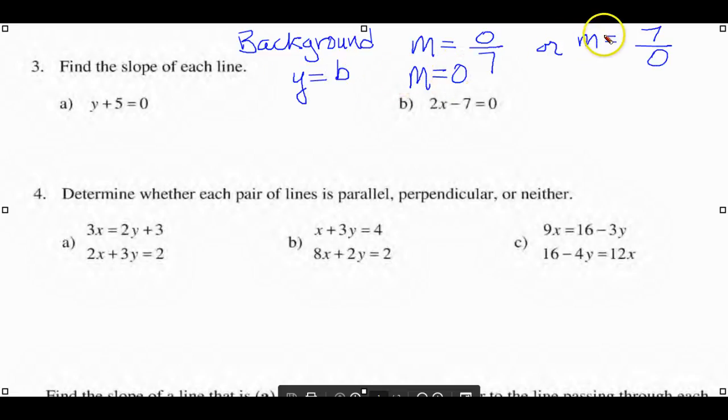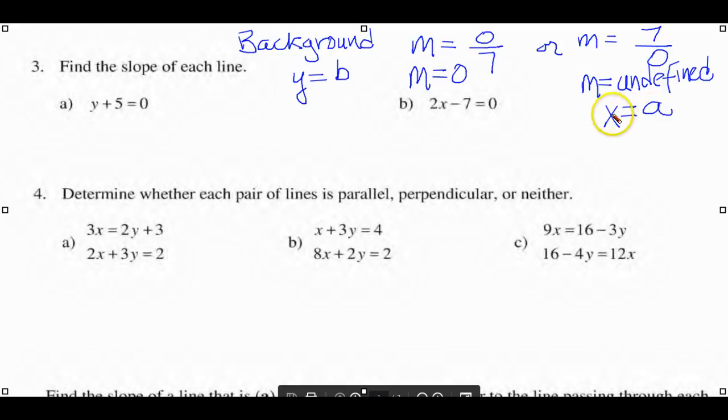And suppose you got this, 7 divided by 0. Well, anytime you got a result like that, where your denominator was 0, this we said is undefined. And this would be an equation, x equals a. This is the vertical line.